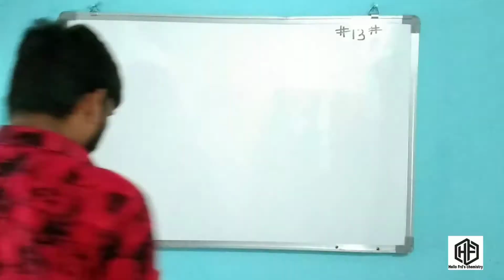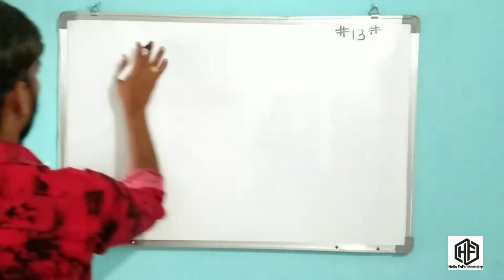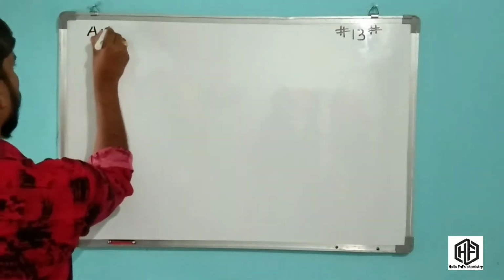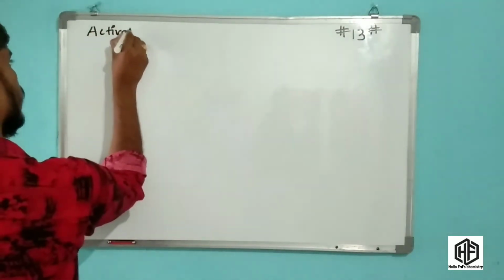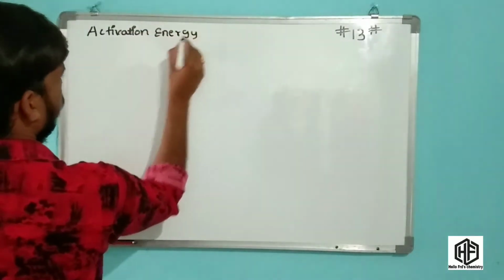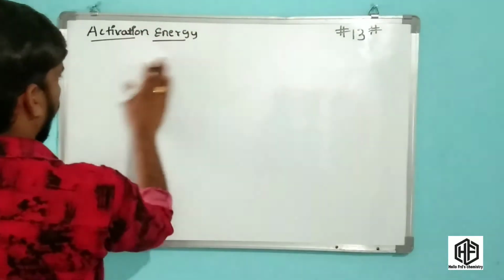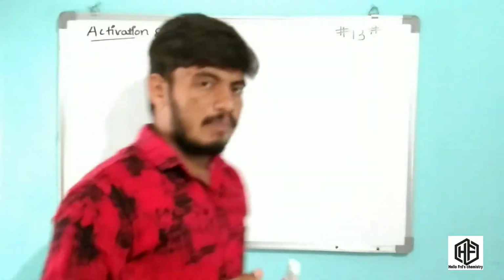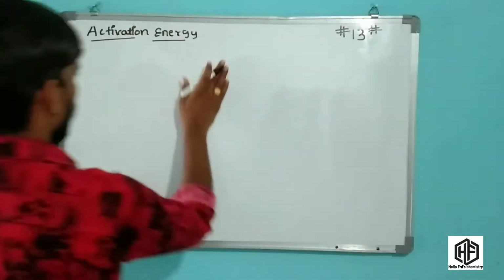Friends, the concept in chemical kinetics class 13 is the activation energy, the graphical representation of the chemical reaction and activation energy.